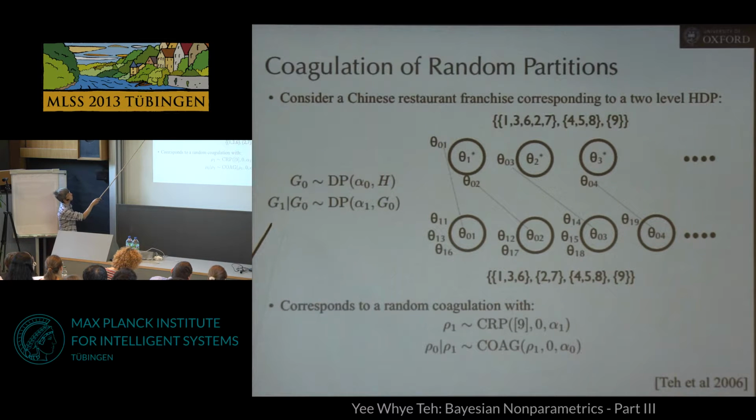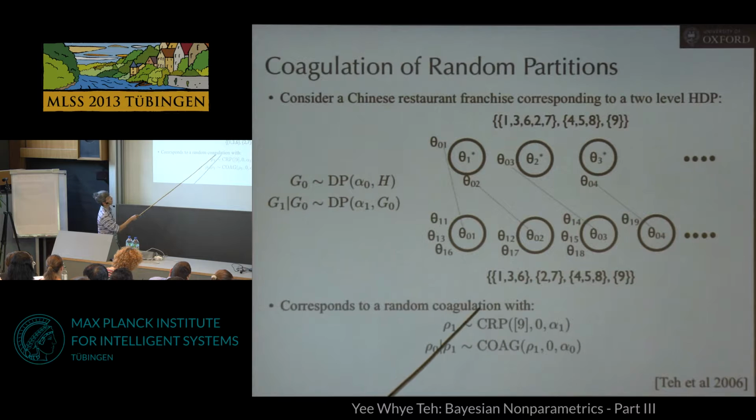So firstly, if you look at G1 here, we know that a DP corresponds to the Chinese restaurant process in some way. So if you look at draws from this DP, you can describe the draws according to this DP using a Chinese restaurant process. Okay?